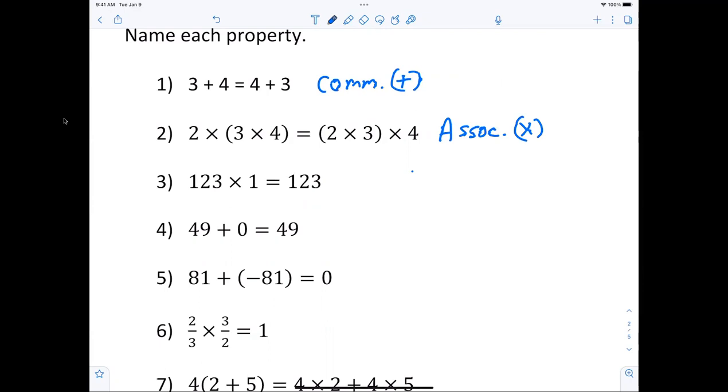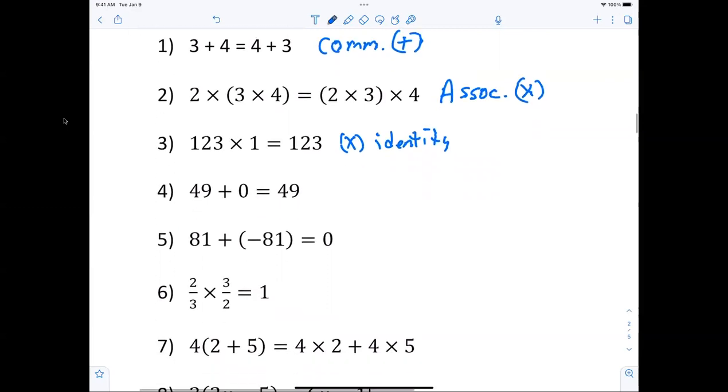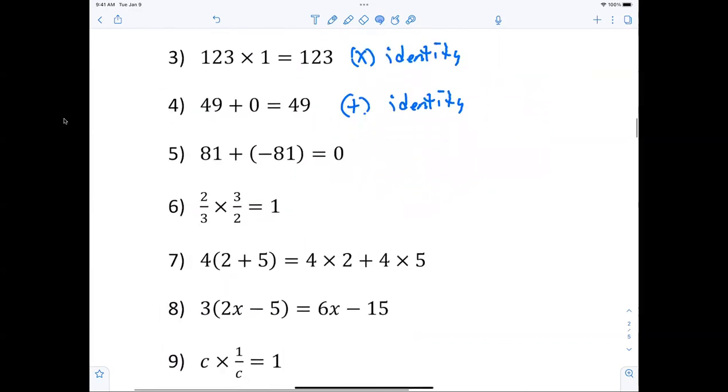What's number 3 called? Yes, it's multiplicative identity. Number 4. Nope. Additive what? Identity. That is correct. Additive identity. Number 5. Things are canceling out. Additive inverse.